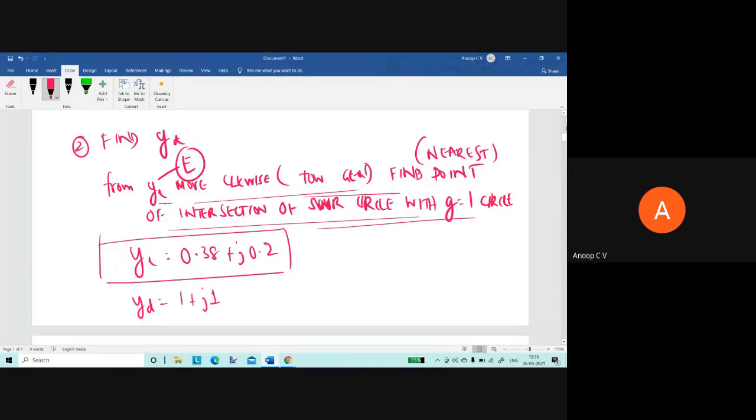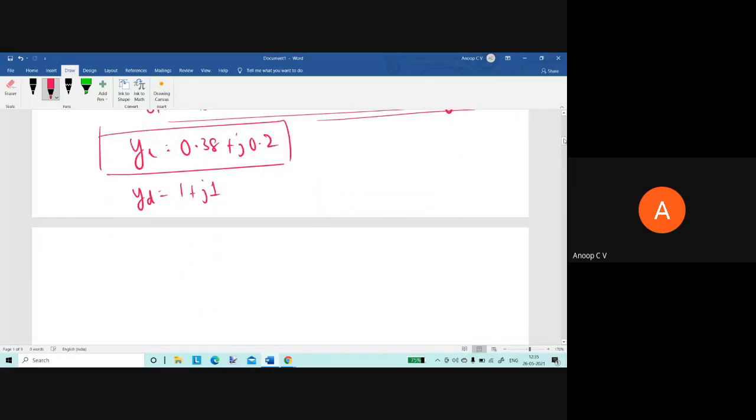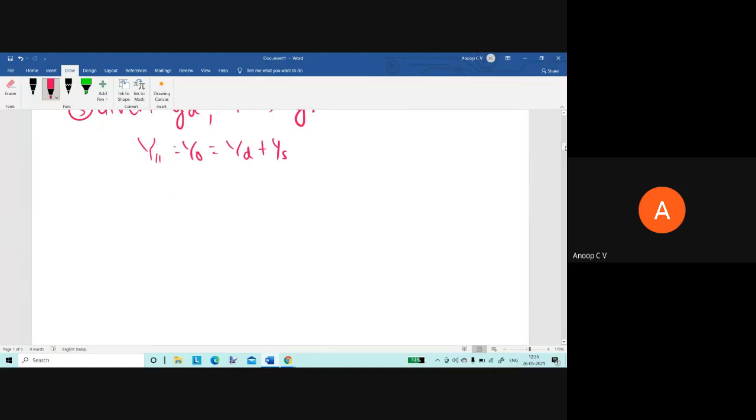So next, the third step is, given YD, you should find out YS. YD and YS are related as Y11, that is equal to Y0, that is equal to YD plus YS.